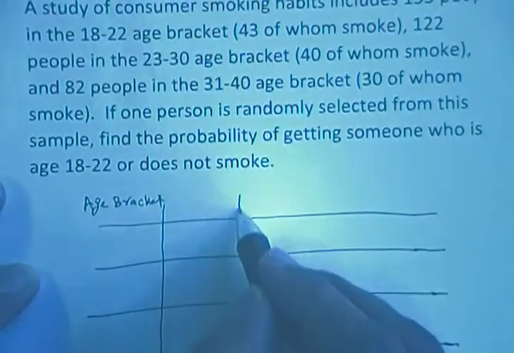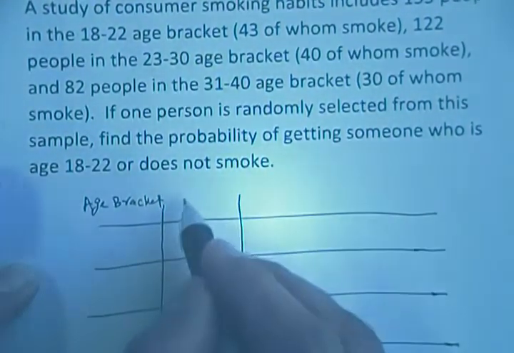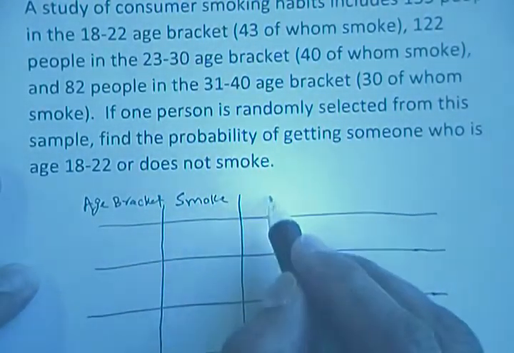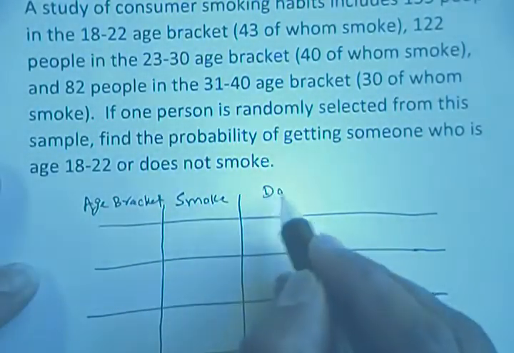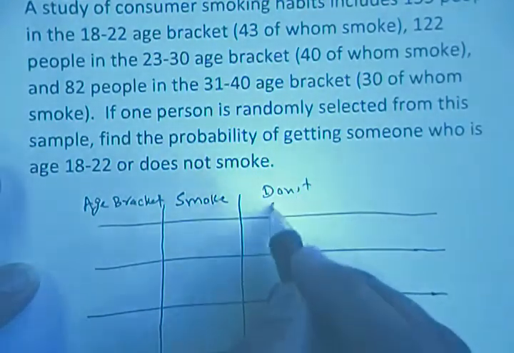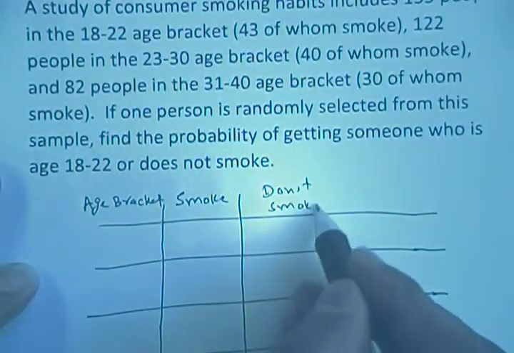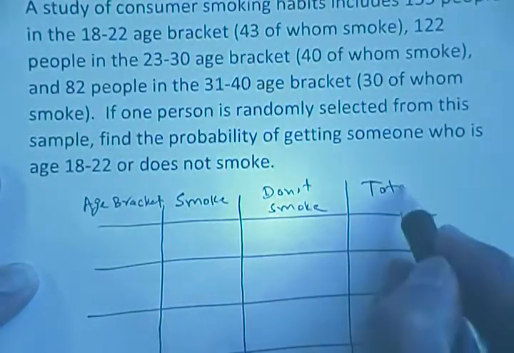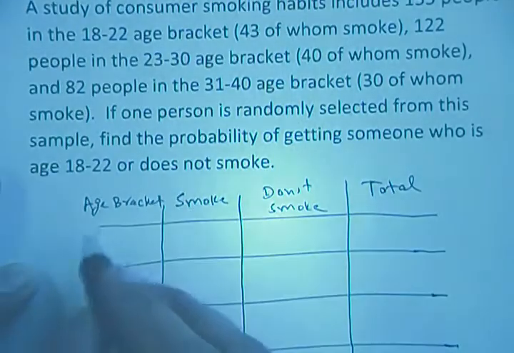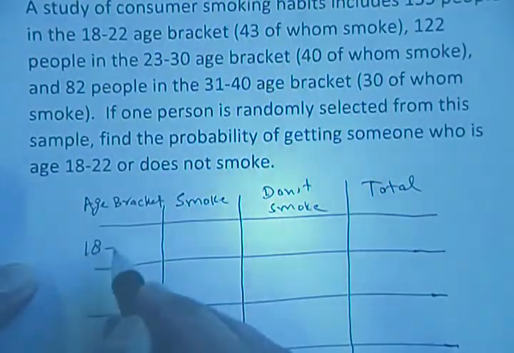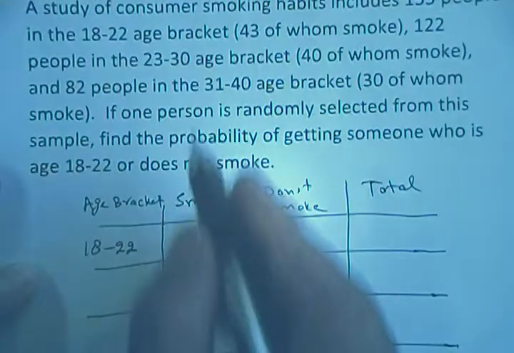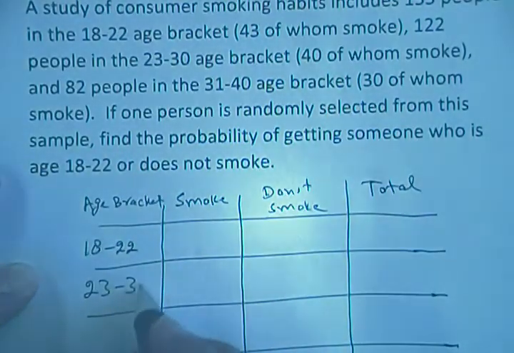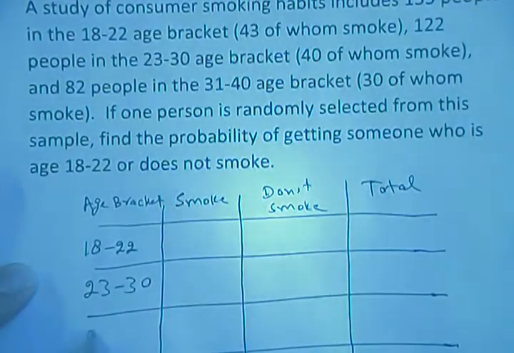And this column is for people who smoke, and in this column people who don't smoke. And then total. And in the first row you would have the first age bracket 18 to 22, then the second age bracket is 23 to 30, and the third age bracket is 31 to 40.